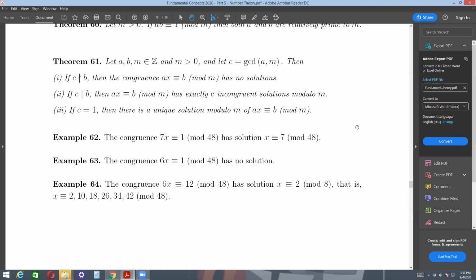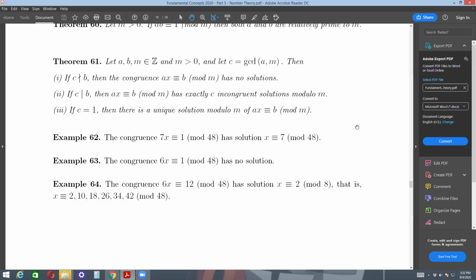Another way you could have done this, there are many different ways you could do it. It's just up to you to come up with one way that works. An easier way that could work is, if you consider 5 and 7, those are very close together. So instead of multiplying, what if I subtract 7x from this? 5x minus 7x will give you minus 2x is congruent to 2 mod 7.